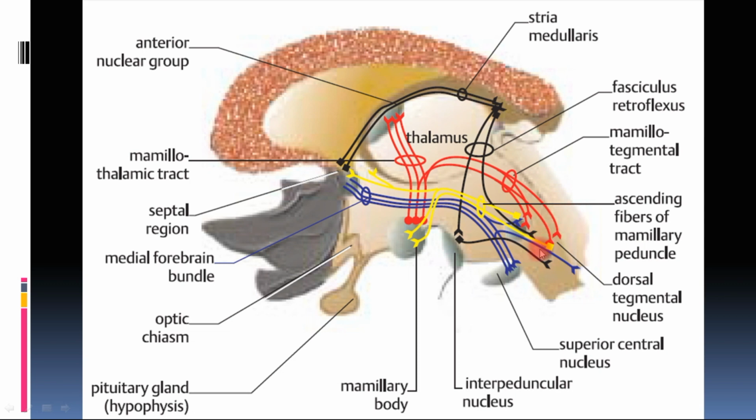It is getting information from the brainstem as well as from the midbrain tegmentum. As you can see here, it is sending the signal to the mammillary body of the hypothalamus.